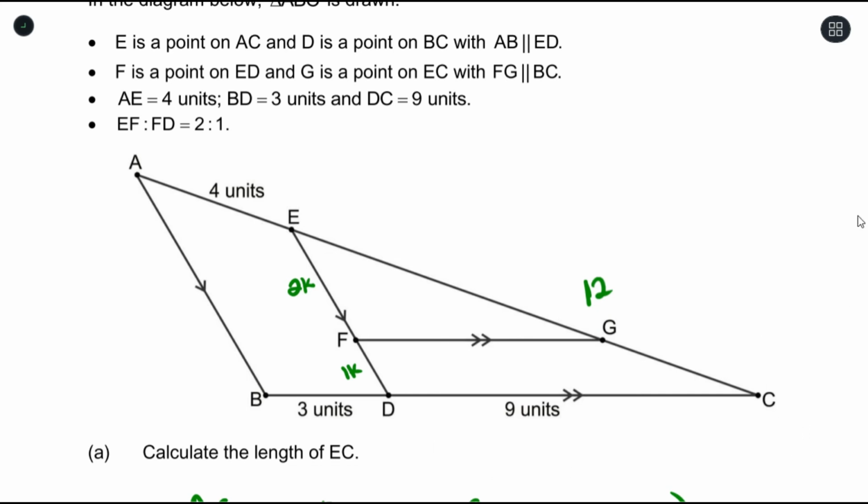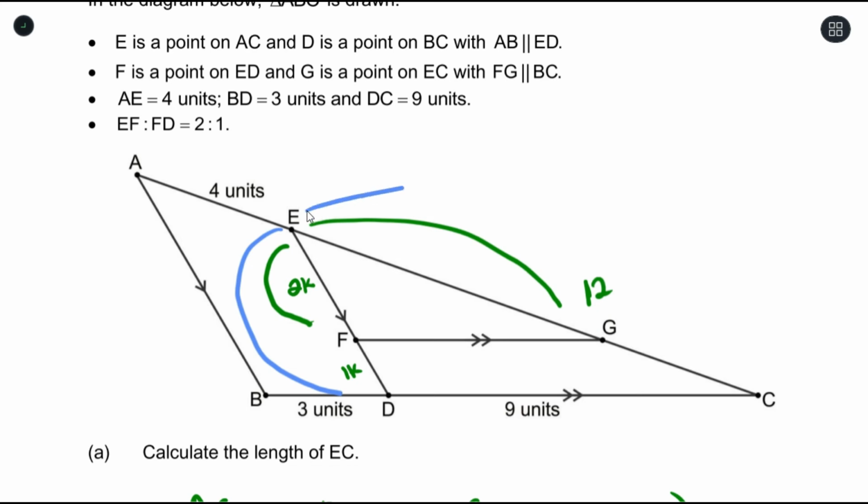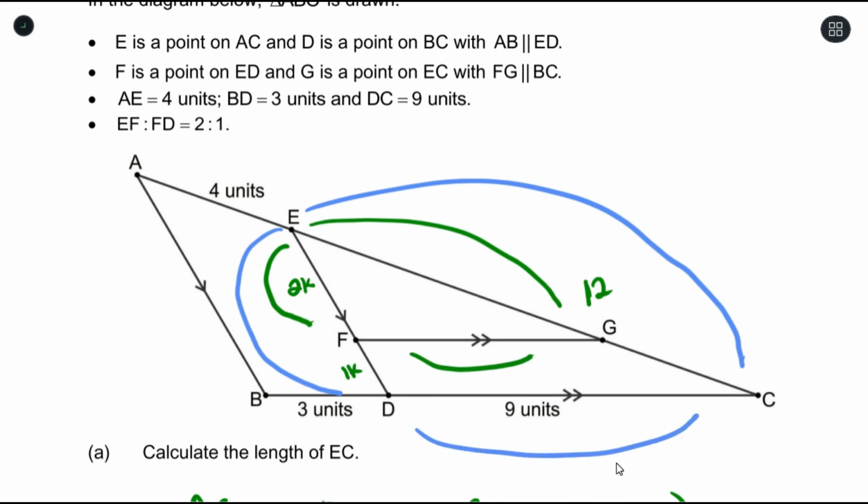The side EF would be similar to the side ED, the side EG would be similar to the side EC, and therefore the side FG would be similar to the side DC.